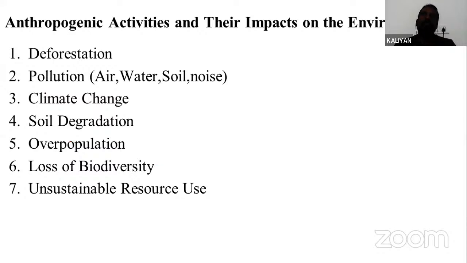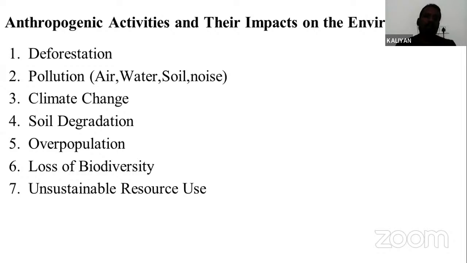Climate change: temperatures are rising, different rain patterns happen, and sea level is rising. Soil degradation: because of air and water pollution, there is acid rain, and that rain creates soil degradation.